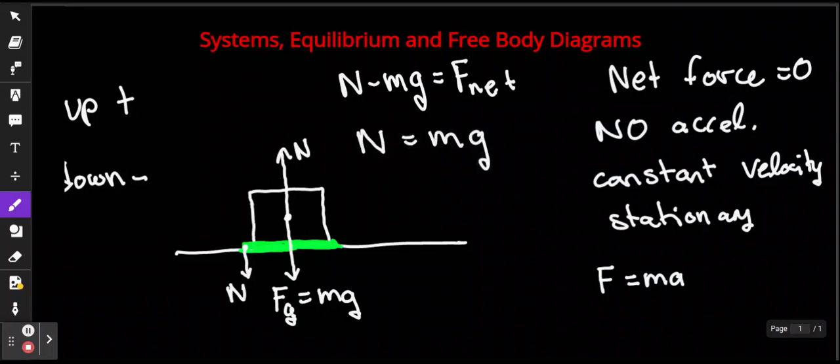A scale reads this normal force, and that is how it reads mg, which is our weight. Later, when we go into some more advanced normal force problems, you'll see that if we're in an accelerating reference frame, sometimes the scale can show a heavier or lighter weight depending on the physics. We'll go over that later.